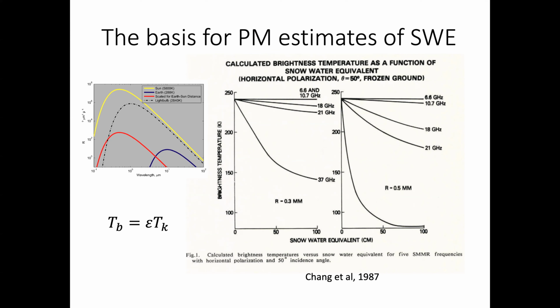The 18 and the 21 gigahertz channels are impacted only some with increasing SWE. In contrast, the 37 gigahertz channel has a much lower brightness temperature as snow water equivalent increases and is affected greatly by deeper snow.